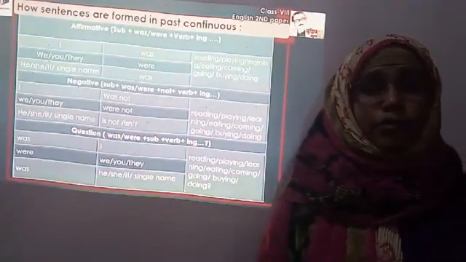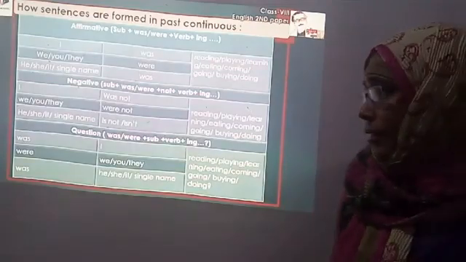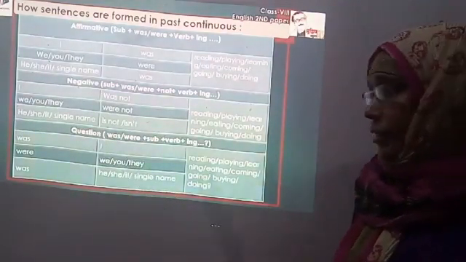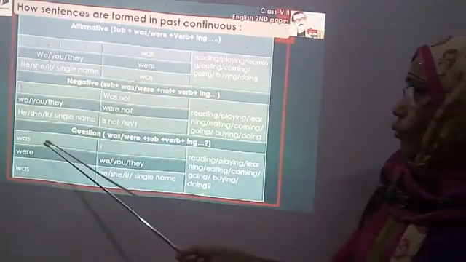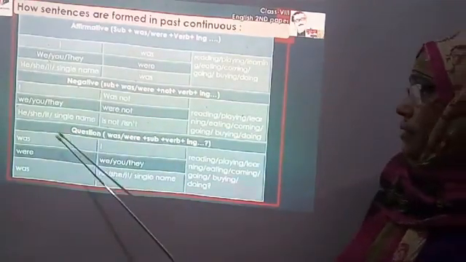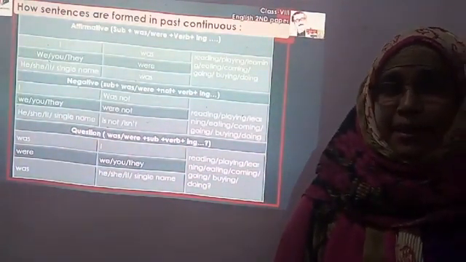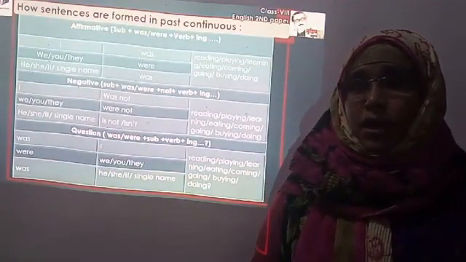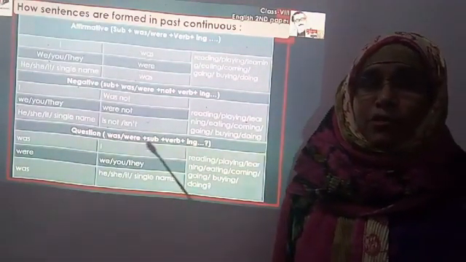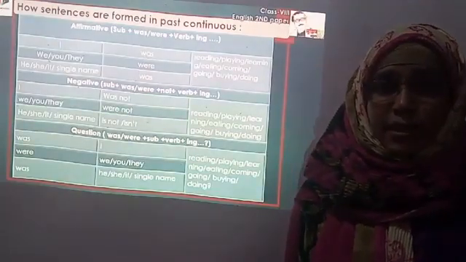And how do we form the sentences in question form? Was and were will be added at the beginning of the sentence.